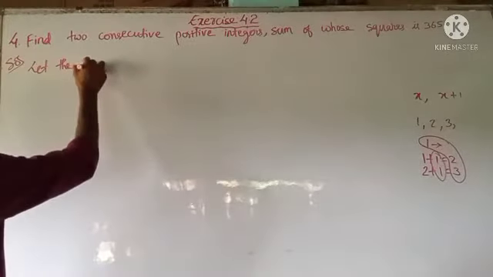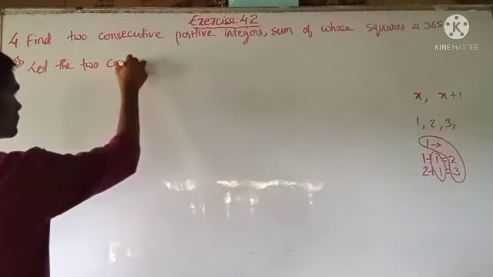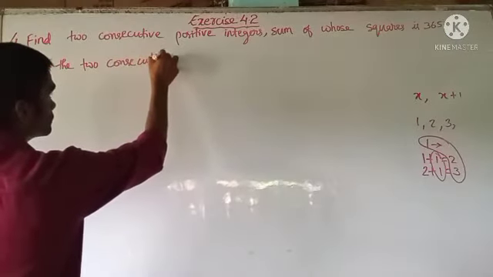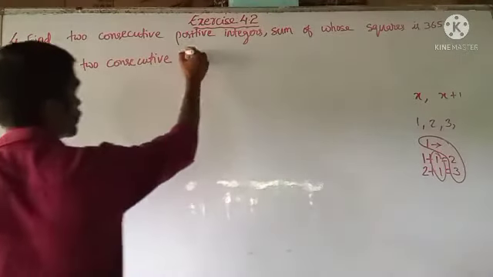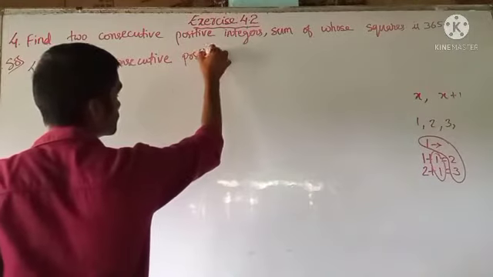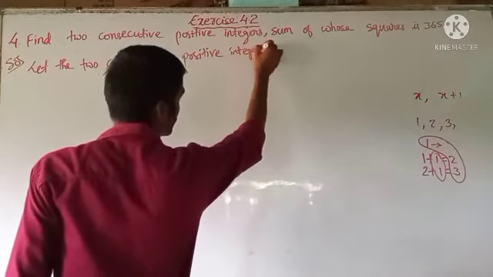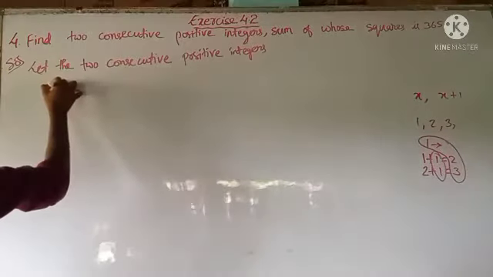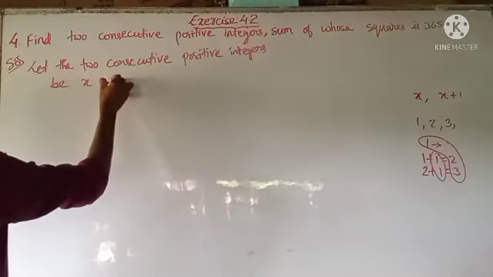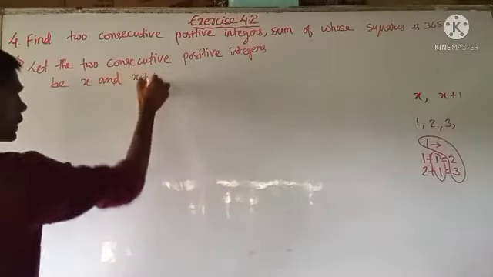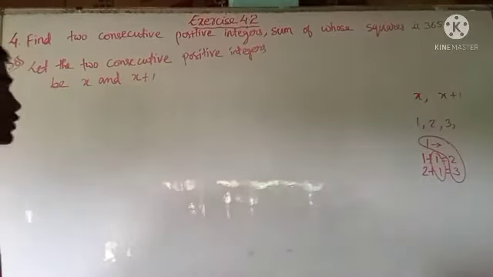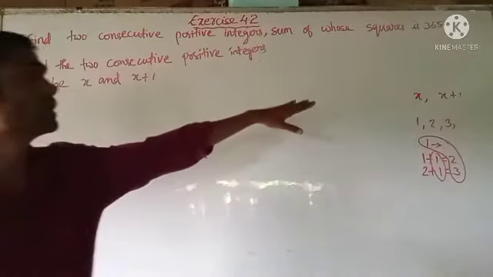So we will take it as, let the two consecutive positive integers be x and x plus 1.